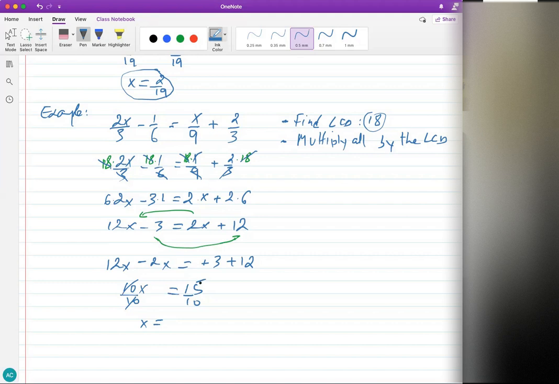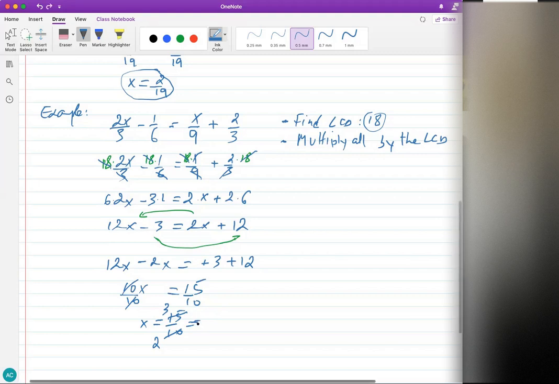We can reduce these by 5. Let's write it first and then reduce it. So 15 over 10. We can reduce this by 5. 5 into 15 is 3. 5 into 10 is 2. Finally, we can write our answer as x.